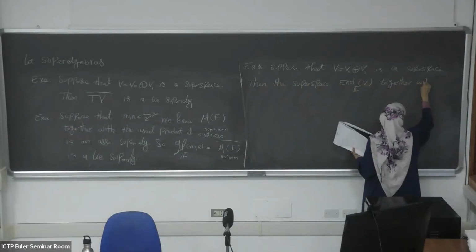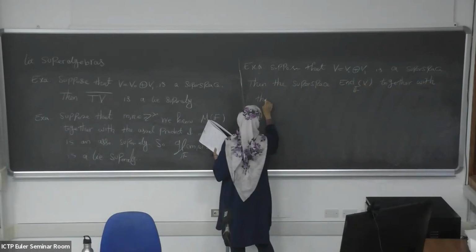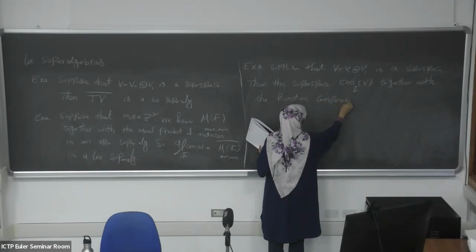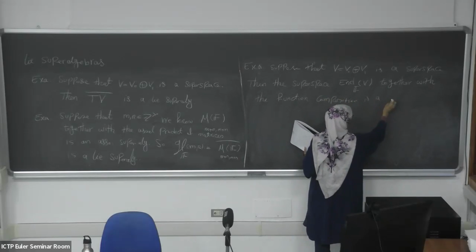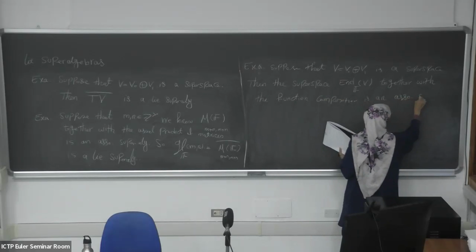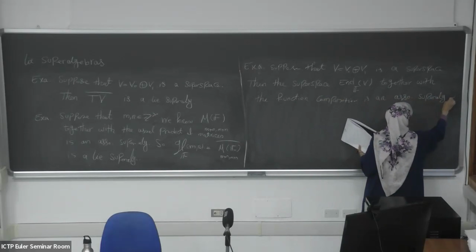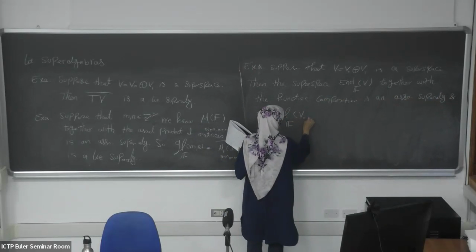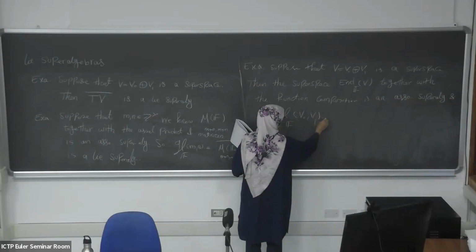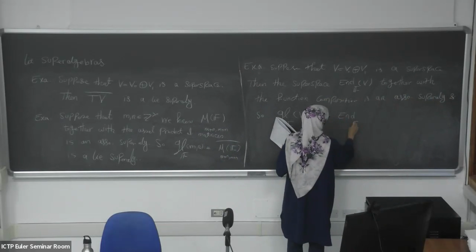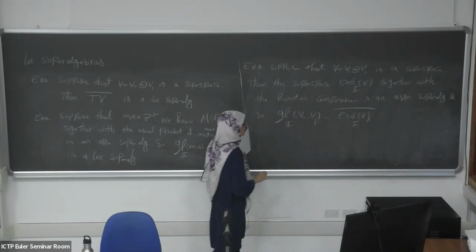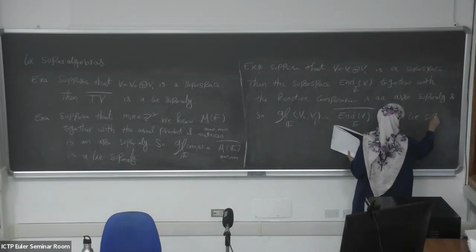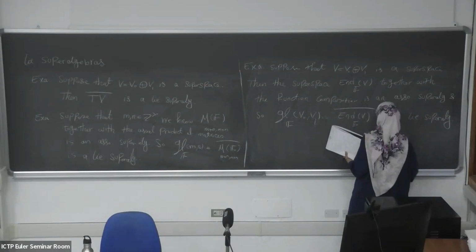Together with function composition, it is an associative superalgebra, and so gl(V0, V1), which is the bar of End(V), is a Lie superalgebra.